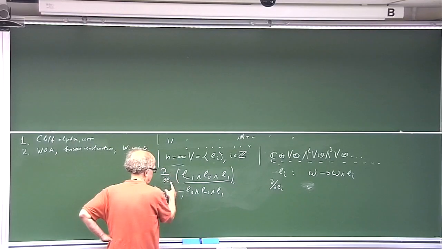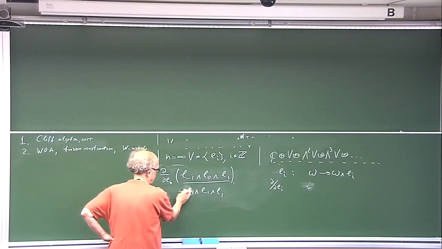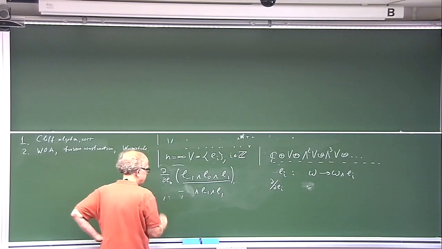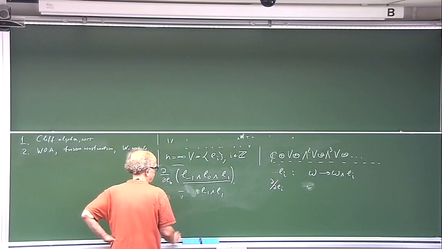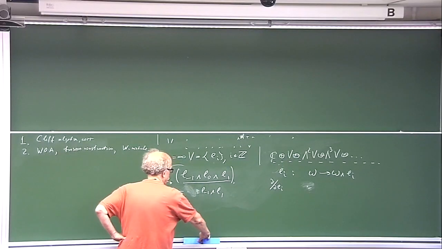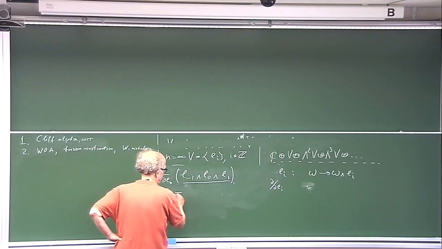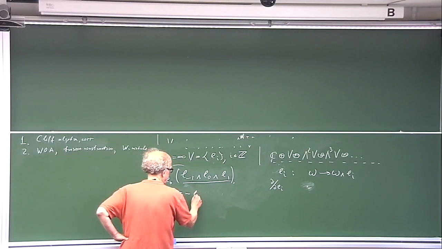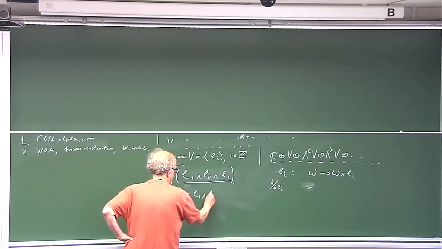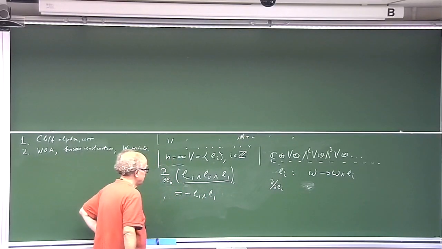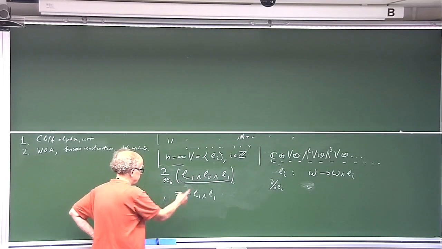After that, the derivation is just erasing it. Derivation means erasing, so the result of the operation is like this. It will be minus e_{-1} times e_1.